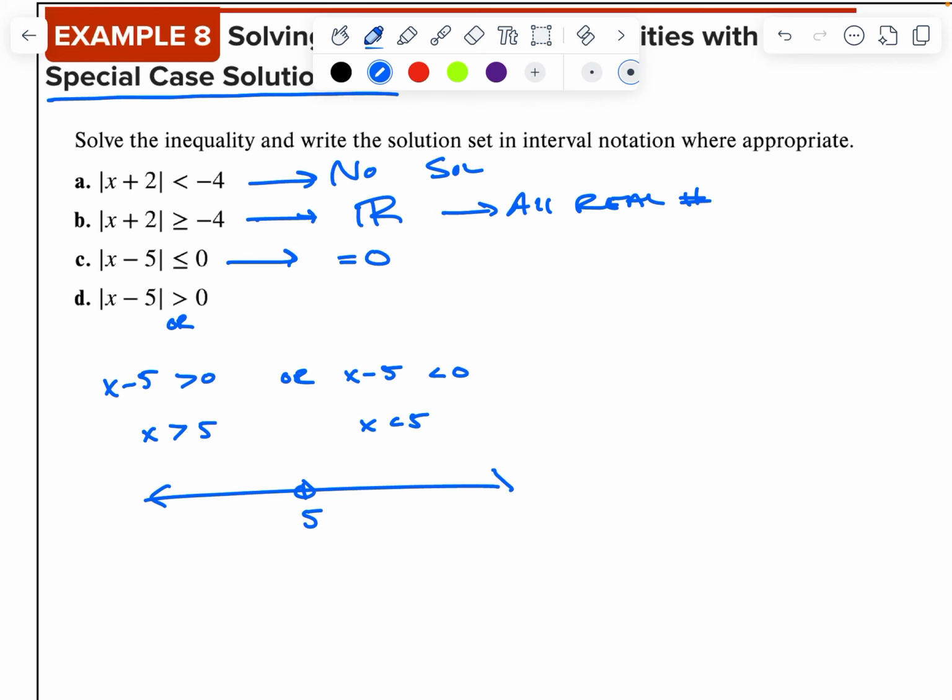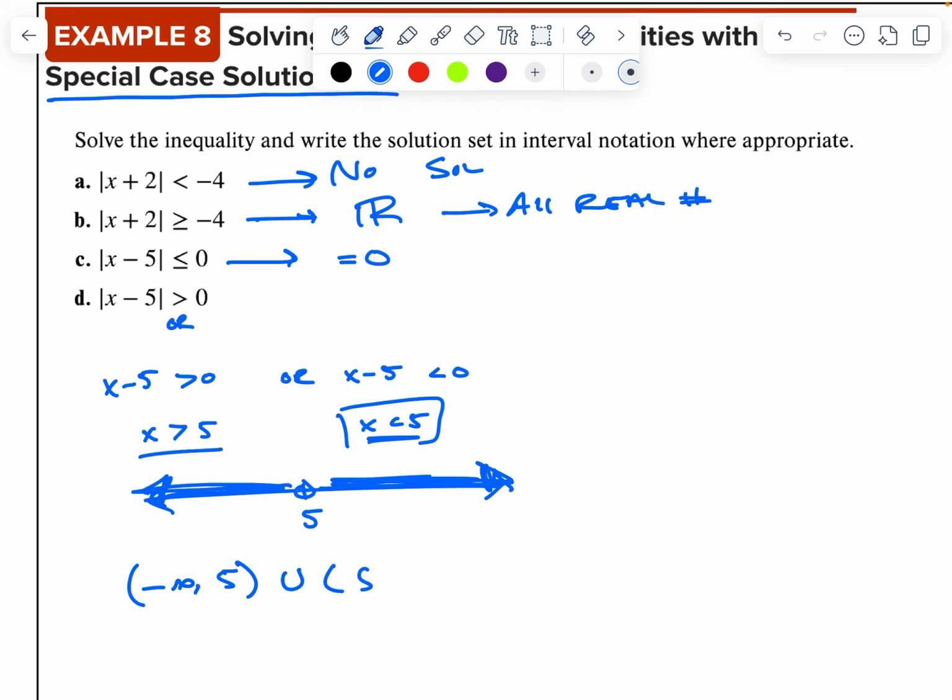This one's a very strange special case. So everything greater than 5 is over here. Everything less than 5, that's over here. But in neither of those are we including the 5, right? We're not including the 5. So our interval notation is actually negative infinity to 5, and then also 5 to infinity.